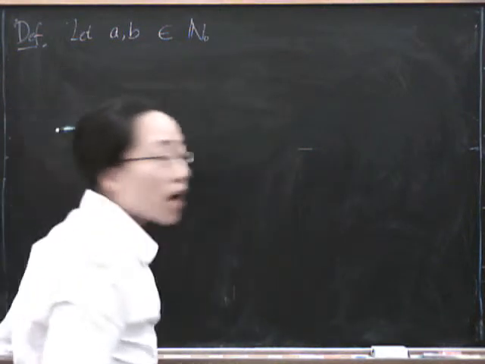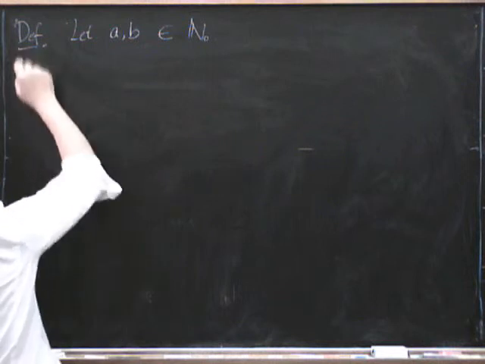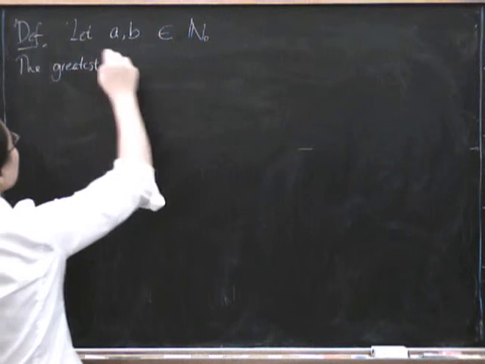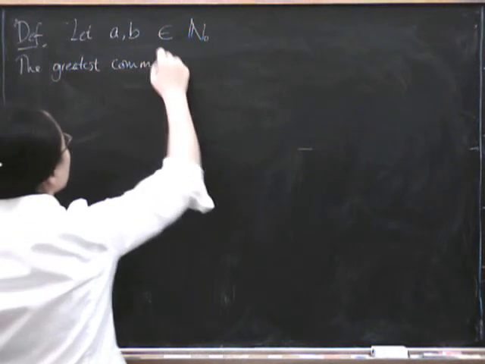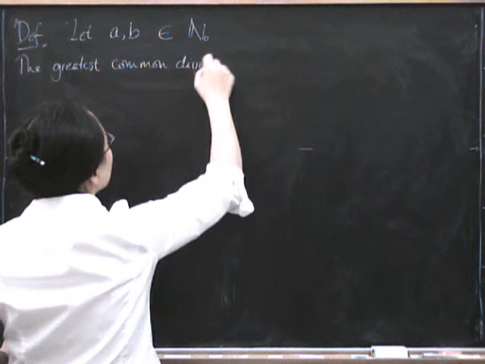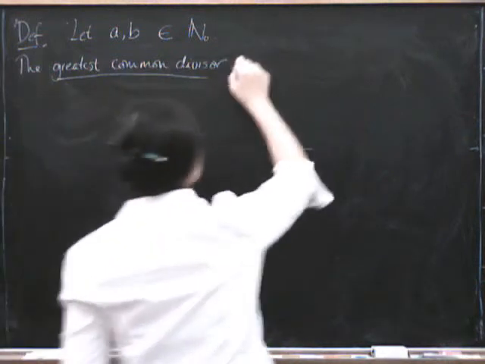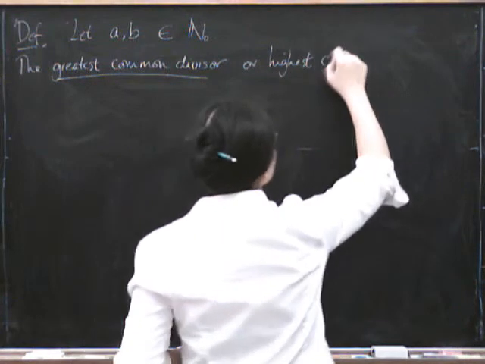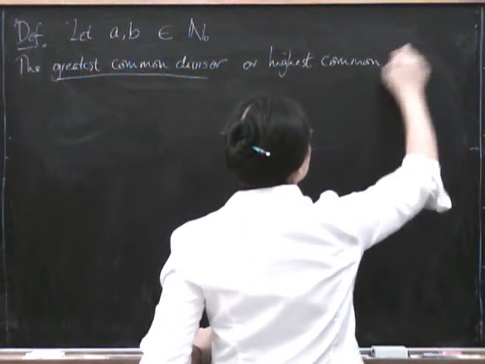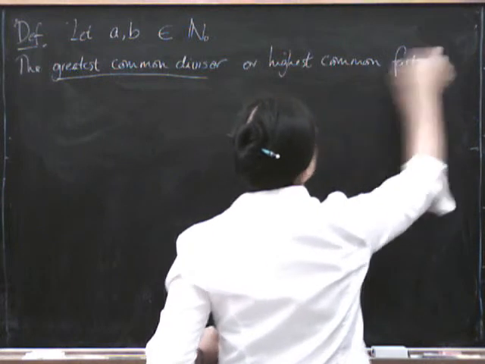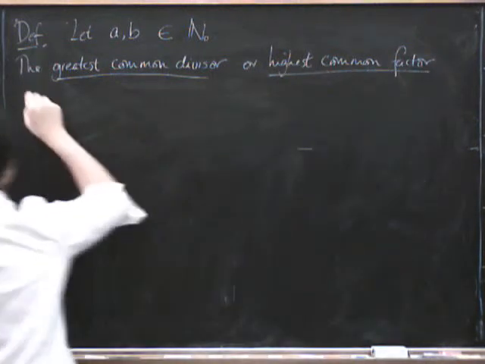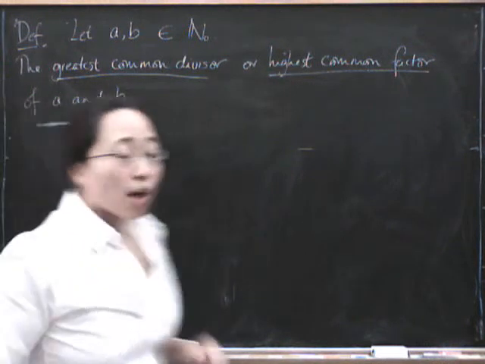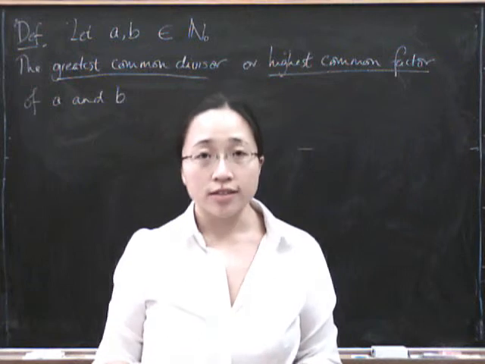The greatest common divisor or highest common factor of A and B is some number which is a divisor of both of those things.